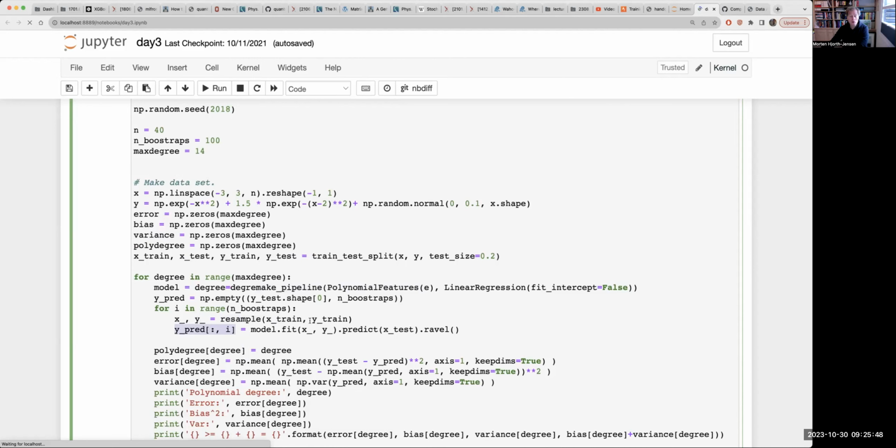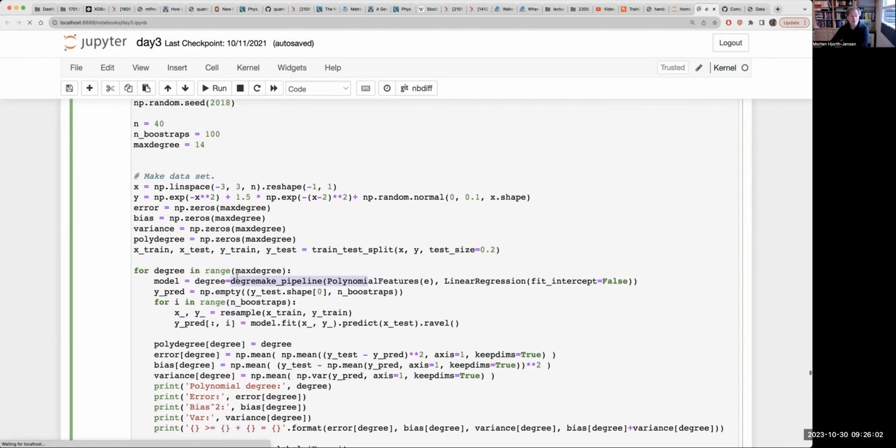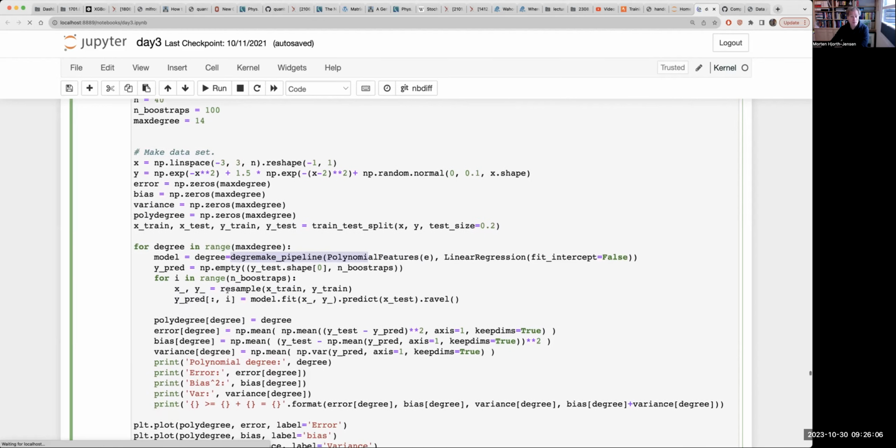So for every bootstrap, I resample my training data, both for the input X and for the output Y. I use this functionality to set up the polynomial degrees. Alternatively, you would have to set up your design matrix again and again. And then I make a prediction.